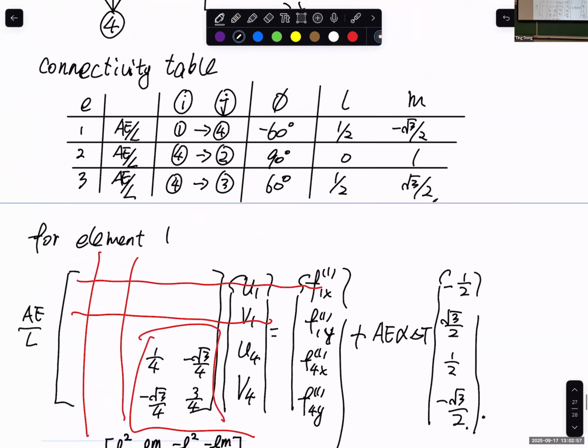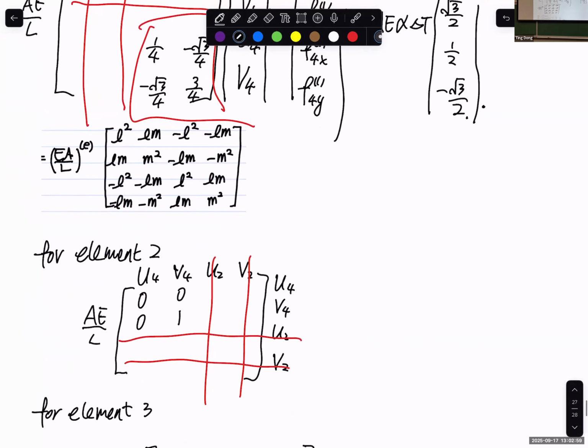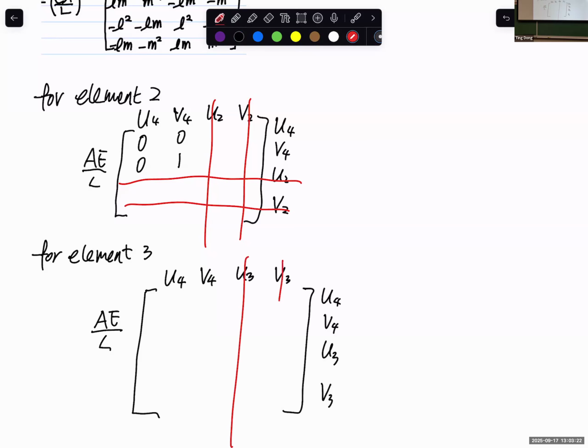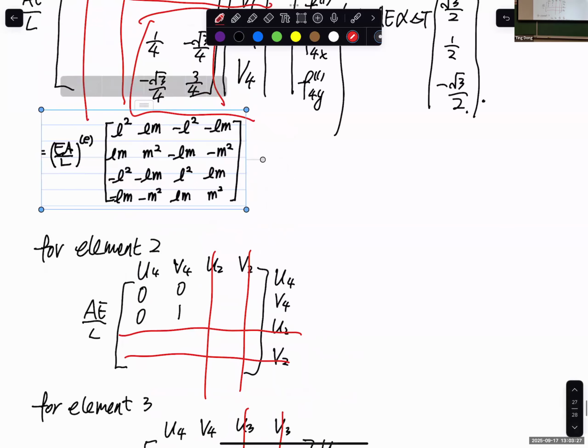Since our definition is from node 4 to node 3, I should write U4, V4, U3, V3. Same thing. And again, we only need 4 components, and this equation stays the same.